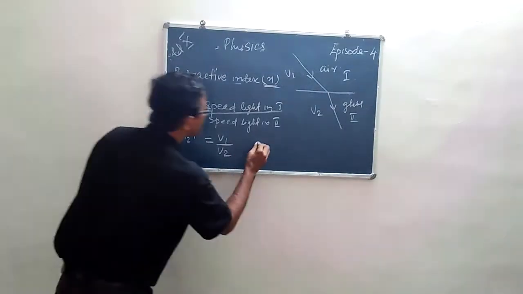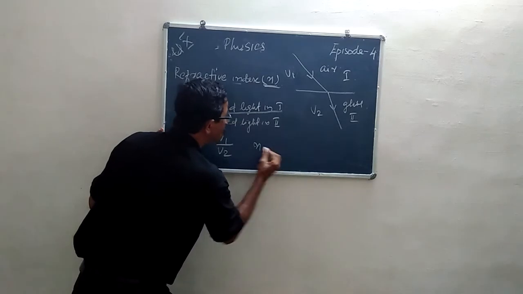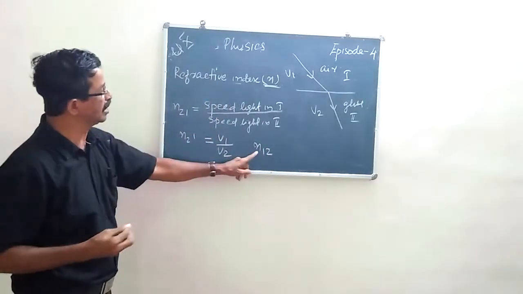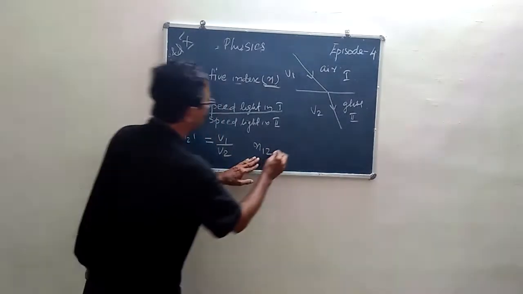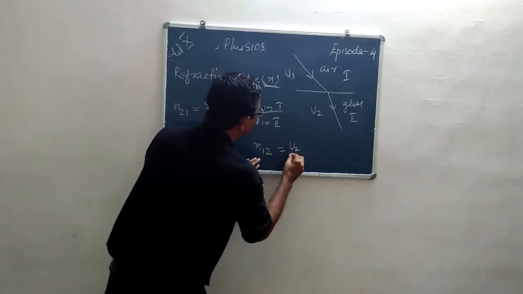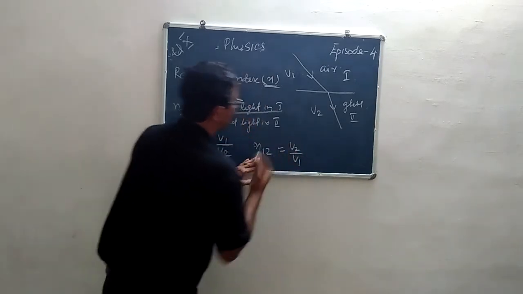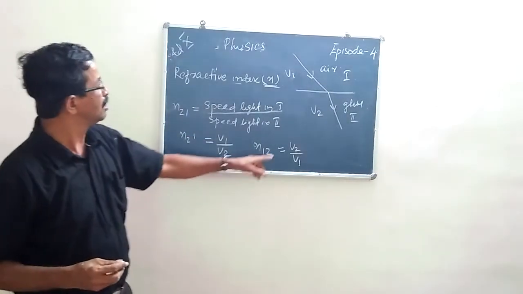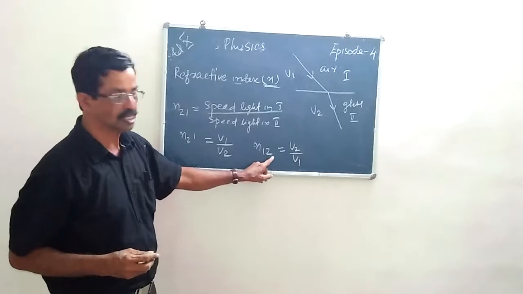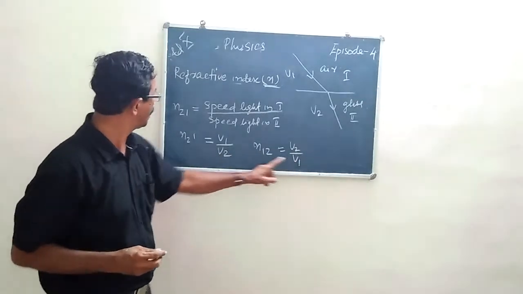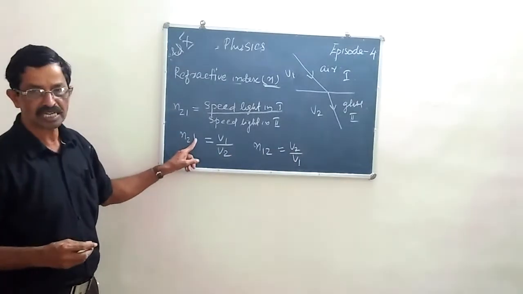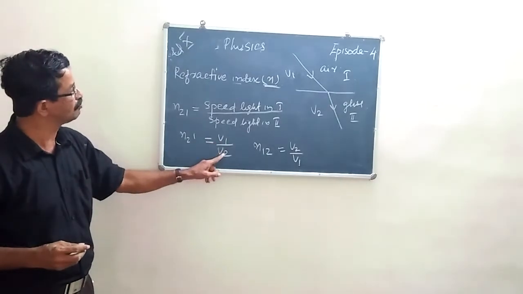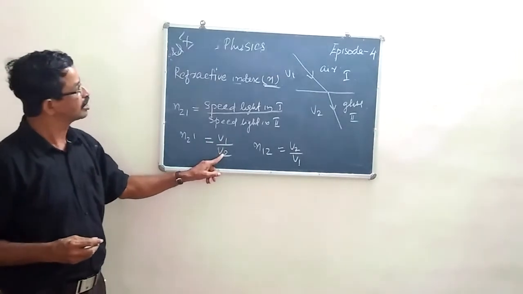Similarly, refractive index of first medium with respect to second is equal to v2 by v1. If it is second medium with respect to first, we get v1 by v2.